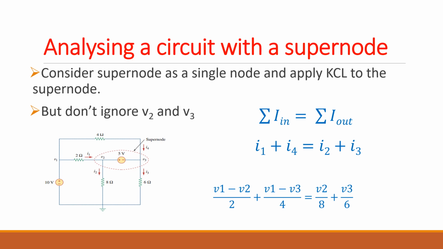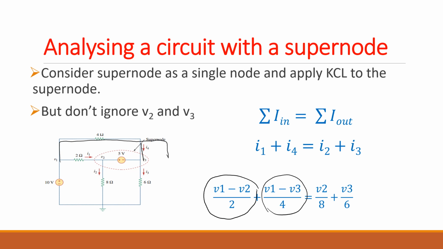So I1 we can write as the current starting from V1 and going to V2. So it is (V1 minus V2) over the resistance, which is 2. And I4 is (V1 minus V3) over 4, because I4 is starting from V1 and going all the way up to here.